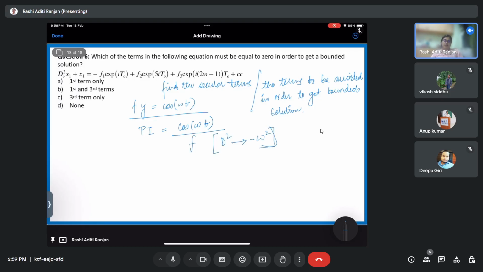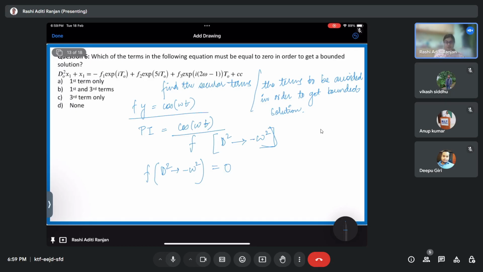So we get the solution of the particular integral. However, what if f with d square replaced by minus omega square is equal to 0, which means the denominator is 0? Then the particular integral is going to be undefined, because something divided by 0 makes no sense.